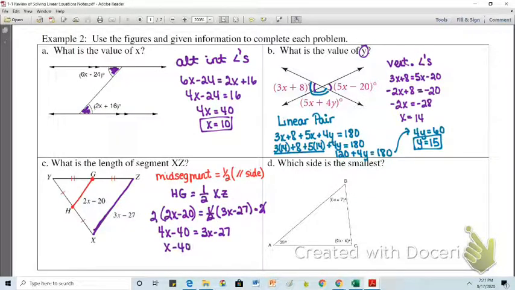X minus 40 equals negative 27. So x equals 13. Now I need to go back up to my question, and I realize I don't want to know x. I want to know the length of XZ. So I need to plug it in. XZ is going to be 3 times 13 minus 27, which is 12.